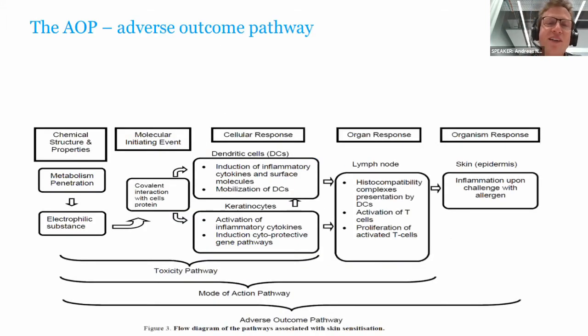So there was a lot of talking about the adverse outcome pathways in recent years, and actually skin sensitization was sort of the poster child for that, with the first OECD accepted adverse outcome pathway, which described skin sensitization starting with the covalent interaction of chemicals with skin proteins, and then a number of cellular events, which finally lead to activation of cell proliferation in the lymph node, and then finally the skin sensitization status.